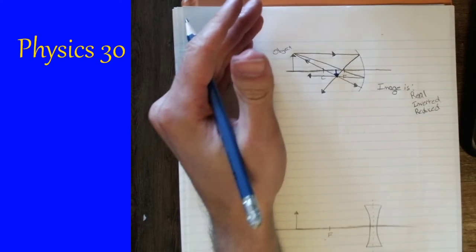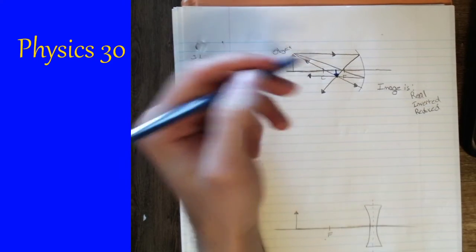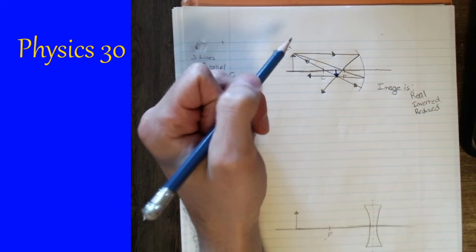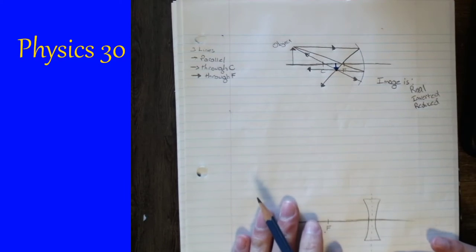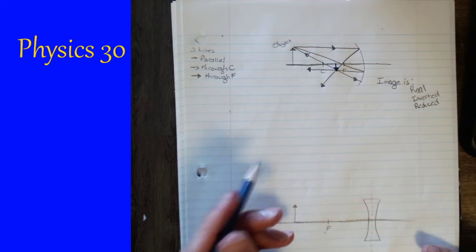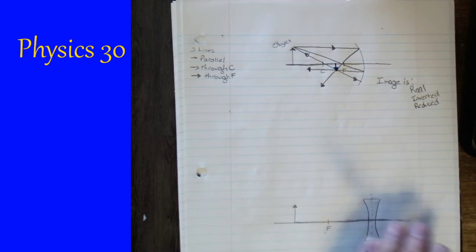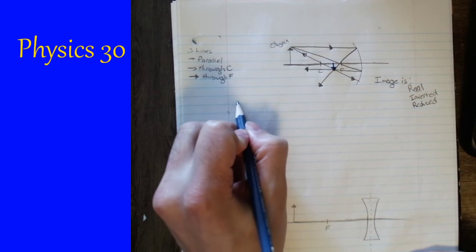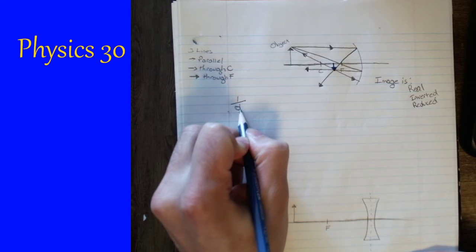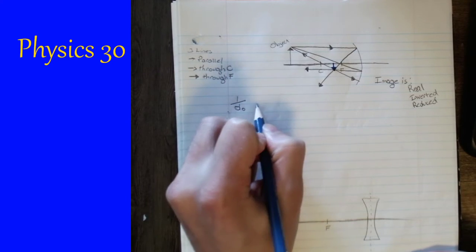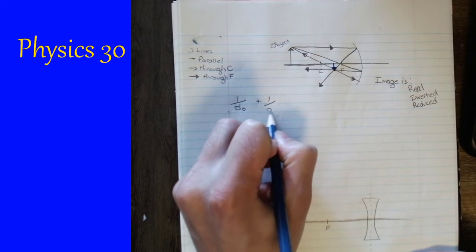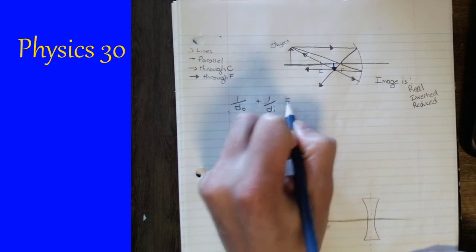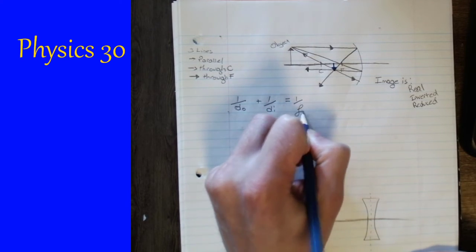Now let's put some numbers into things and actually use our mirror equation to calculate all of these things. So our mirror equation, 1 over the object distance plus 1 over the image distance is equal to 1 over f.